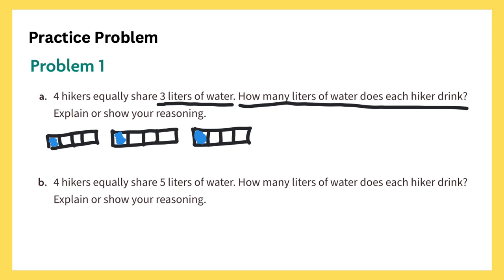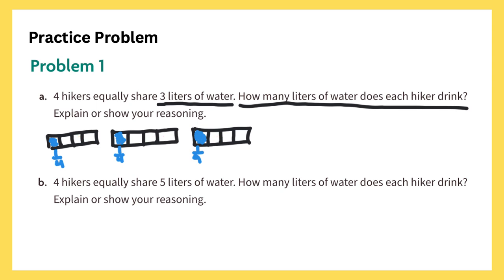So we have 1/4 here, 1/4 here, and 1/4 here, because we know that there are 1, 2, 3 liters of water shared by 1, 2, 3, 4 hikers in each liter.